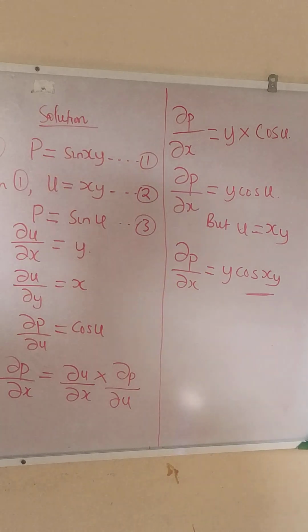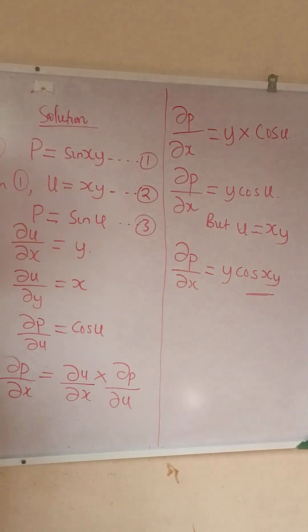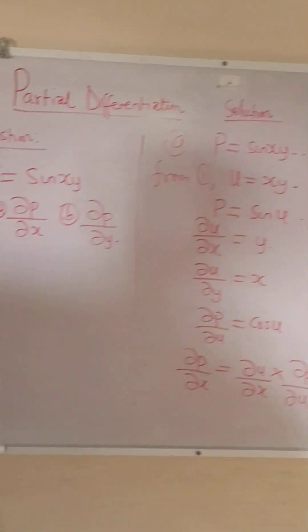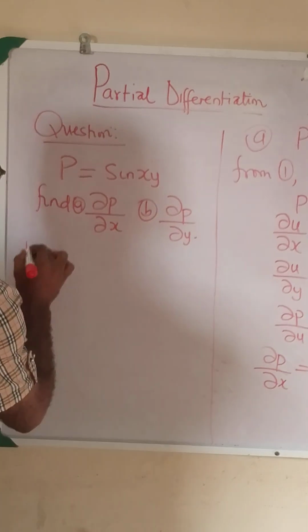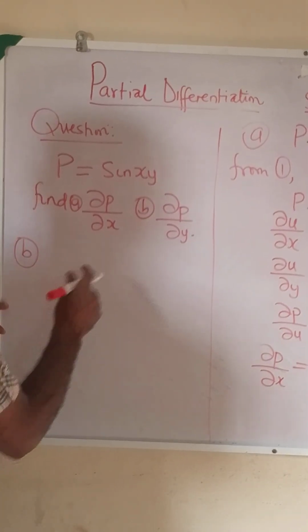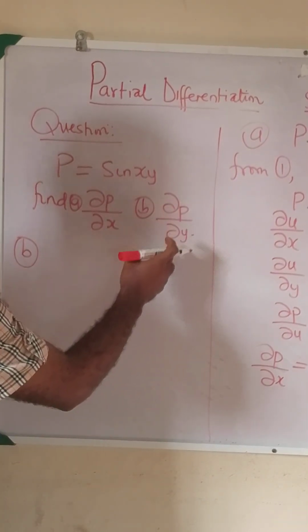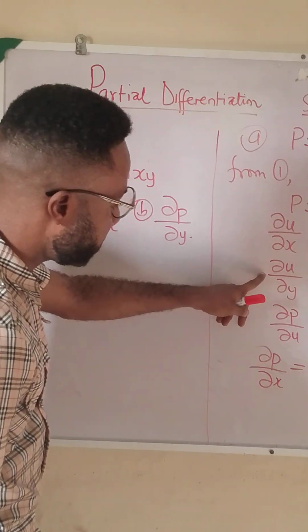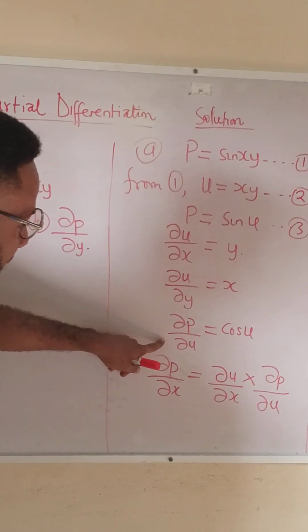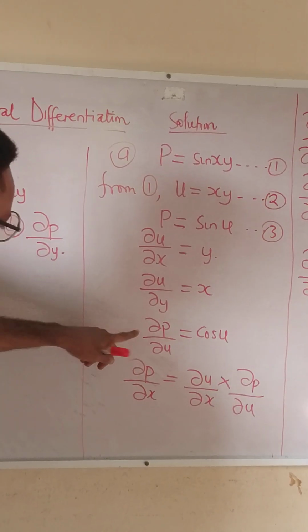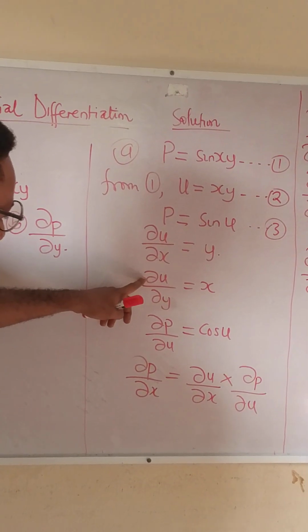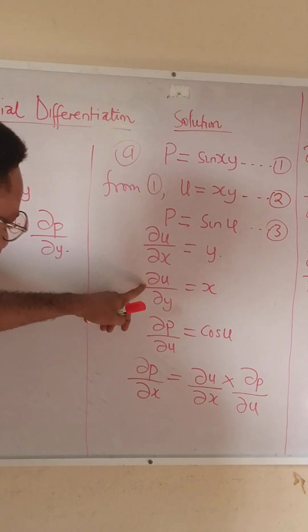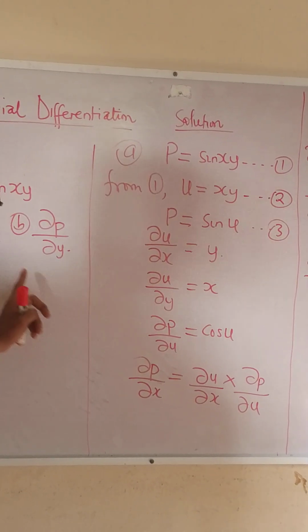So let's also determine the partial derivative of p with respect to y. Question B is to determine the partial derivative of p with respect to y. Of course we've taken these values already, so we are going to use this and this for the y. Note we are using the partial derivative of u with respect to y because we are dealing with y now.